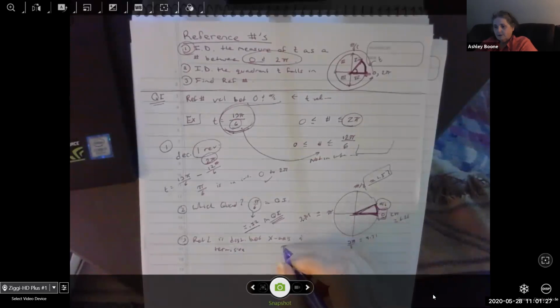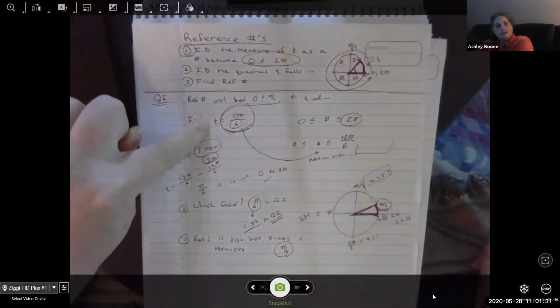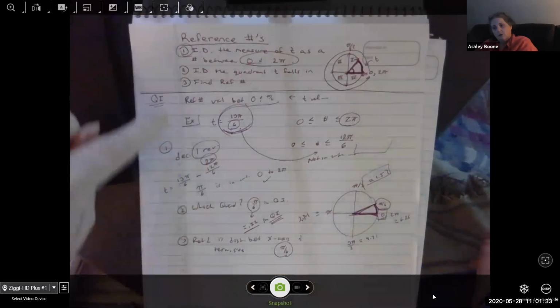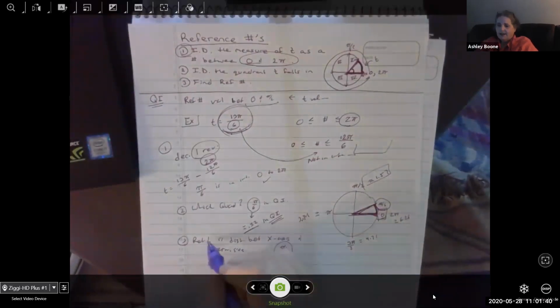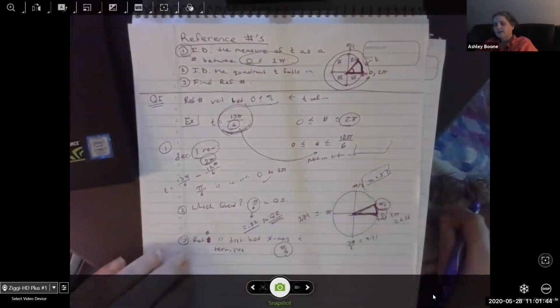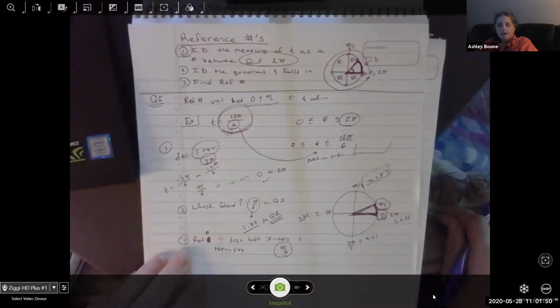So our reference number is pi over 6. So if you have a t-value of 13 pi over 6, going through these steps, our reference number is pi over 6. I said angle, but reference number, we'll see eventually angles are the same thing here. The reference number is the distance between the x-axis and the terminating side, okay?